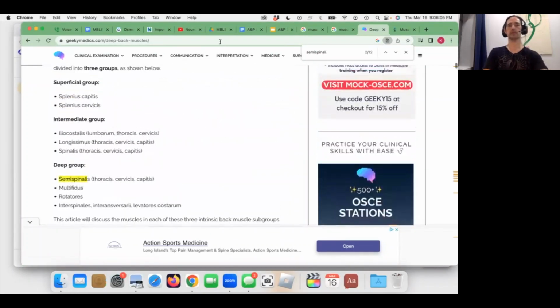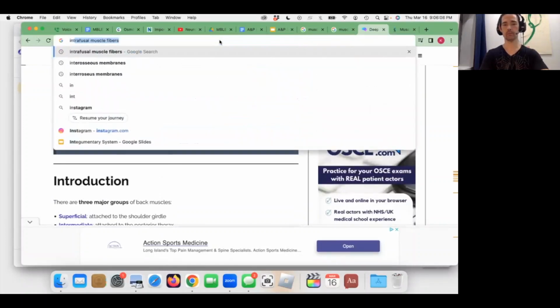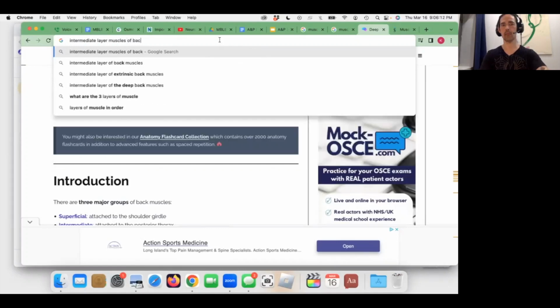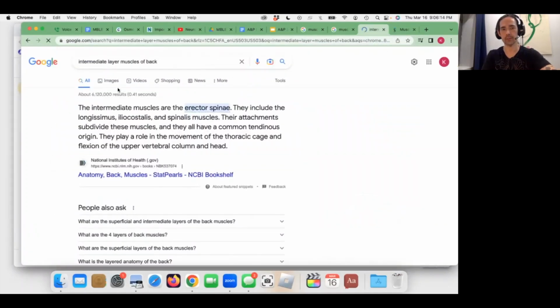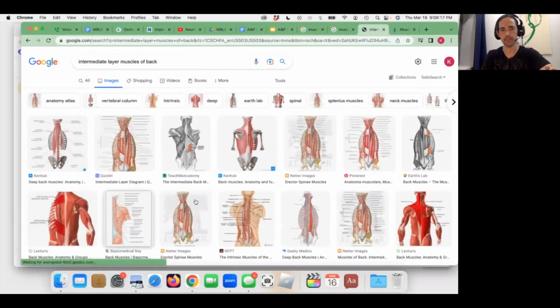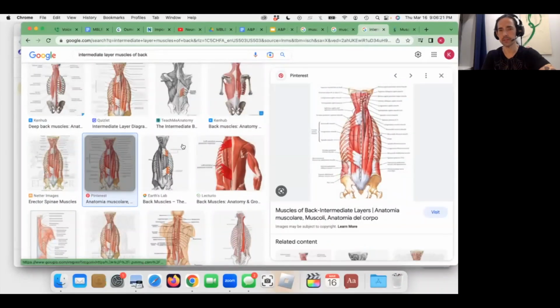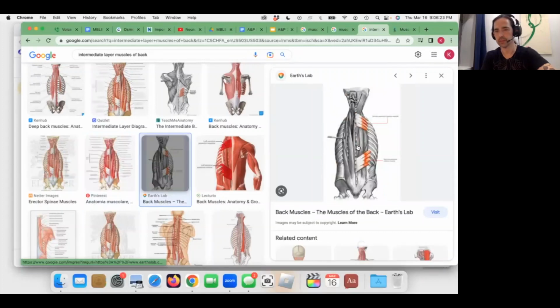Let's look at these. Let's see if we can find a summary image. Yeah, like this. Actually, let's look at this one because it's a little bit less. No, what they're showing is the serratus muscles, and the middle layer, the iliocostalis muscles and all those, they just happen to be there.